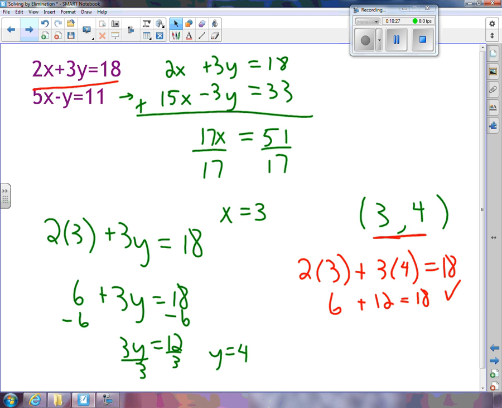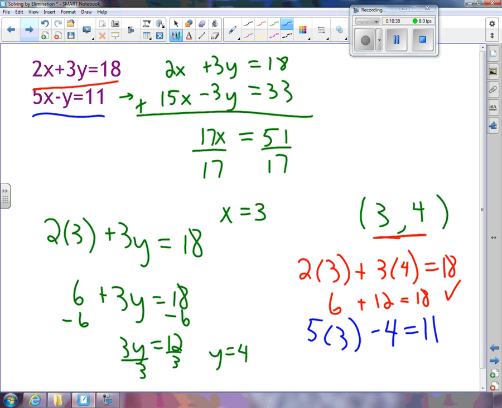I still have to do it with the second equation as well. So if I take the second equation and plug in my point, I get that 5 times 3 minus 4 should equal 11. And that is true. 15 minus 4 is 11. That's how I know that my answer is right.